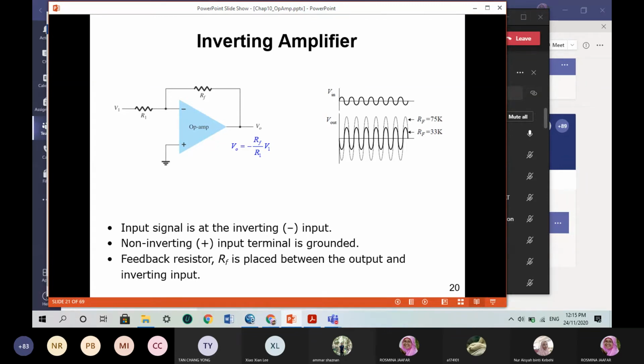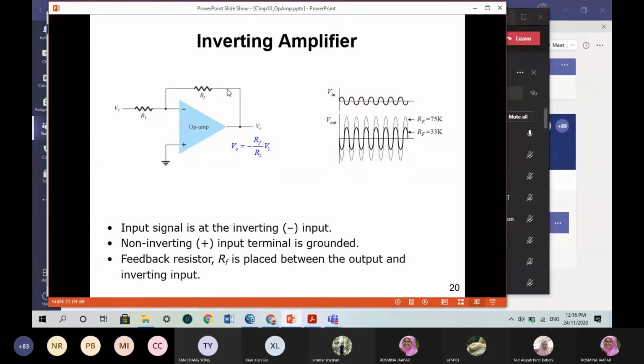Here you see the first phase would be positive. During the positive phase, the output will be in the negative phase, but the amplitude will depend on the value of your RF.